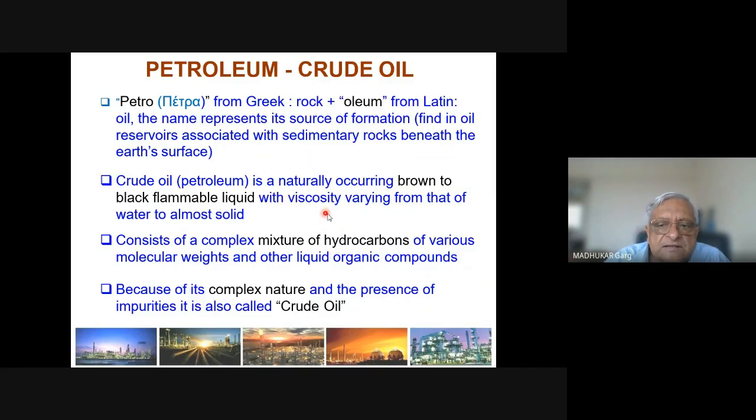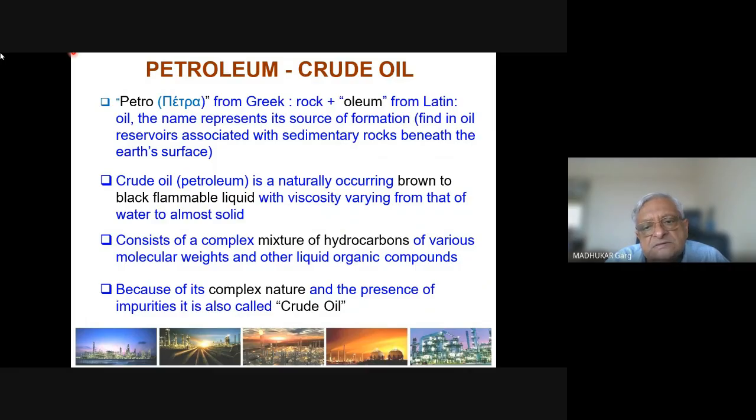Crude oil is a naturally occurring product. It is not synthetically made; it's produced over millions of years because of decomposition of organic matter coming either from trees or from animals.